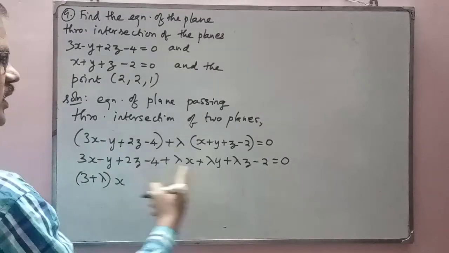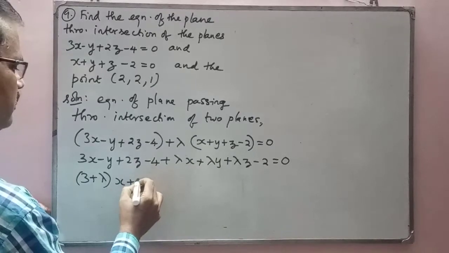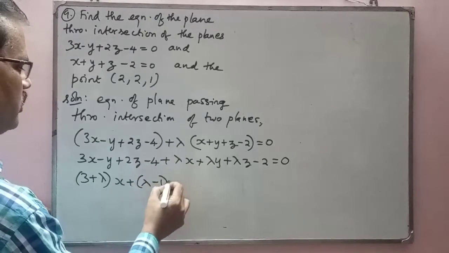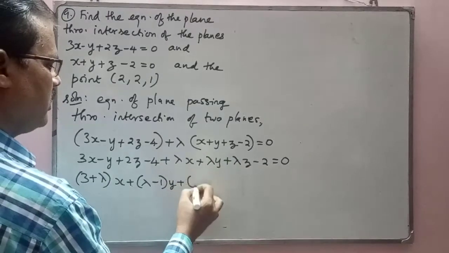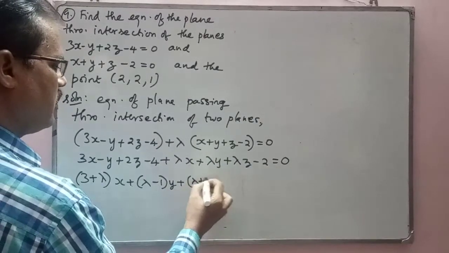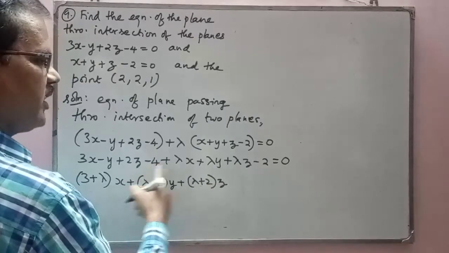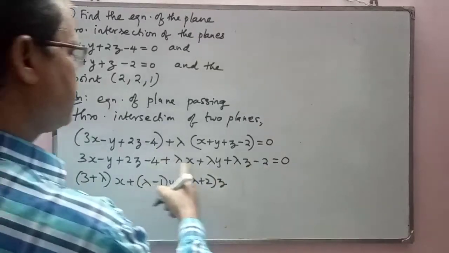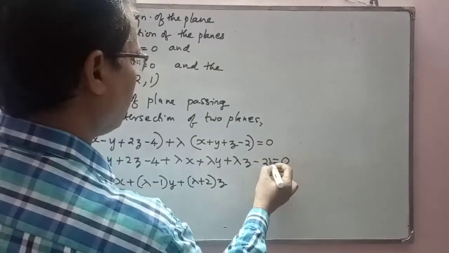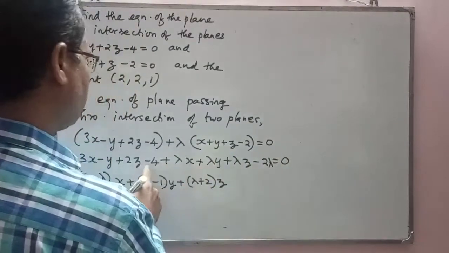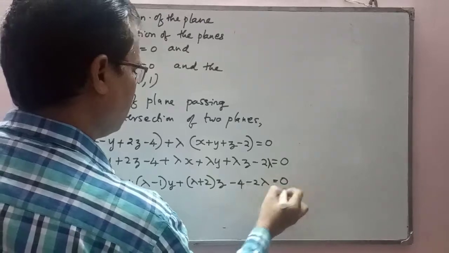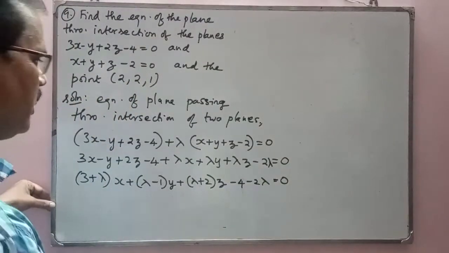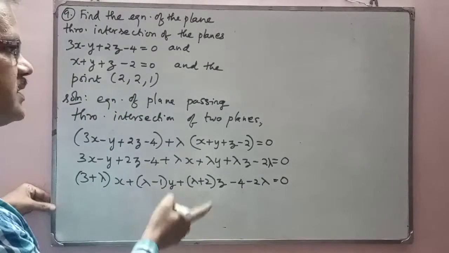I have minus y and lambda y, so lambda minus 1 into y. Now 2z and lambda z are there, so lambda plus 2 into z. Now you have minus 4 and minus 2 lambda, correct? Lambda has to be multiplied here. So you have minus 4 minus 2 lambda equals 0.